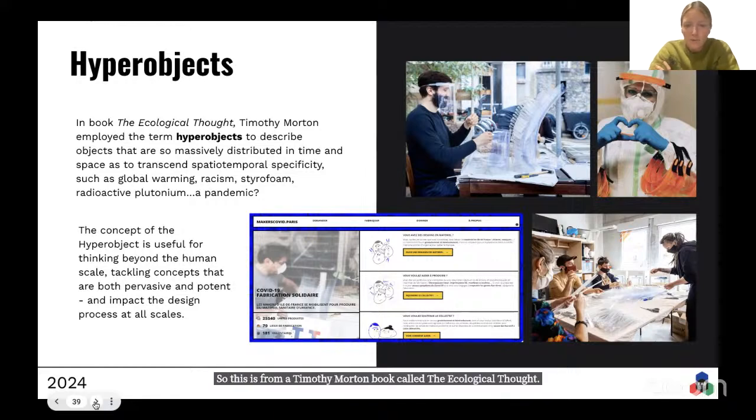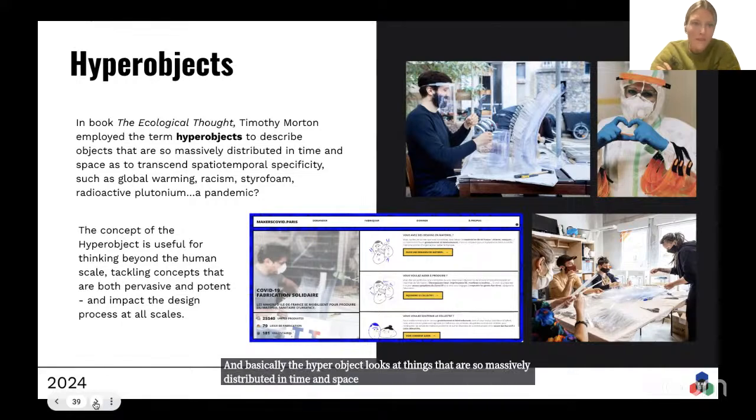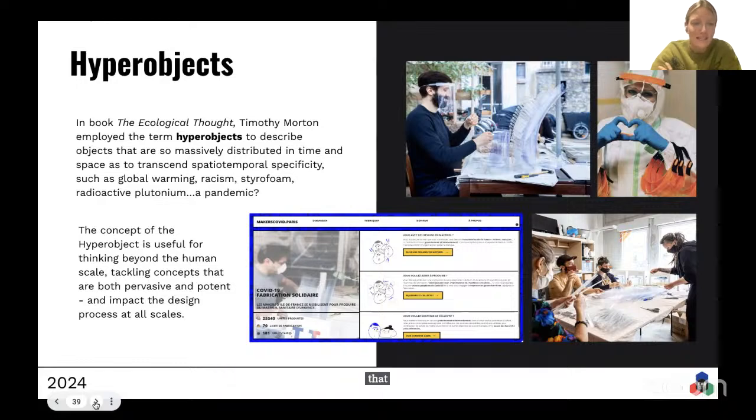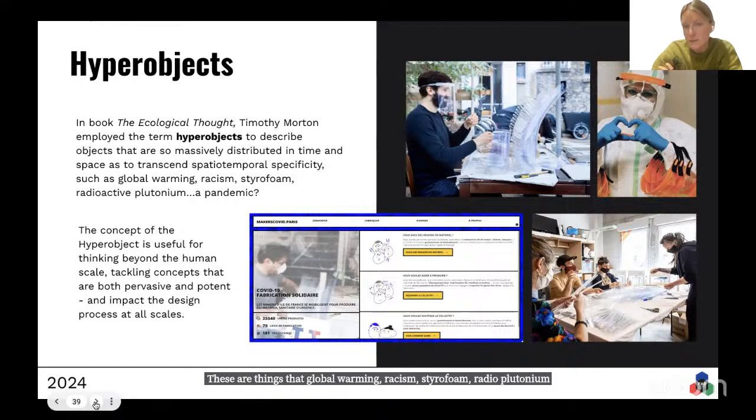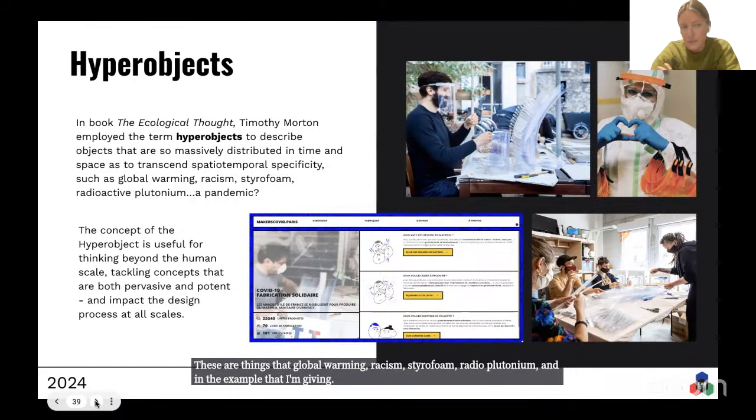Basically the hyperobject looks at things that are so massively distributed in time and space that they transcend spatio-temporal specificity. These are things like global warming, racism, styrofoam, radioactive plutonium, and in the example that I'm giving, a pandemic.